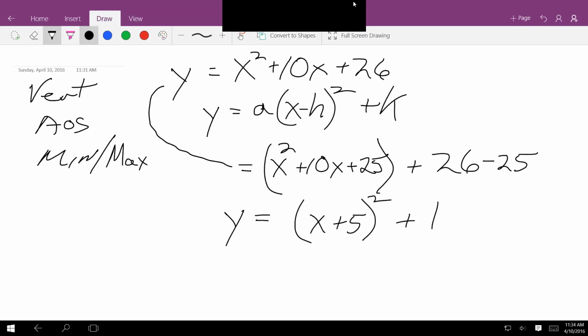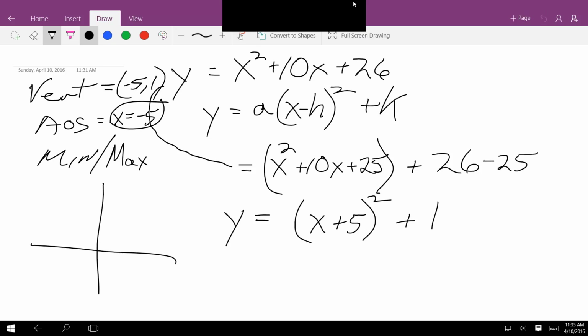So where's the vertex? Negative 5 and 1. Correct. What's the axis of symmetry? Negative 5. It's x equals negative 5, because the axis of symmetry is a straight line.